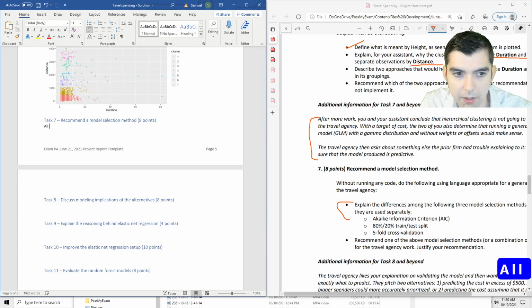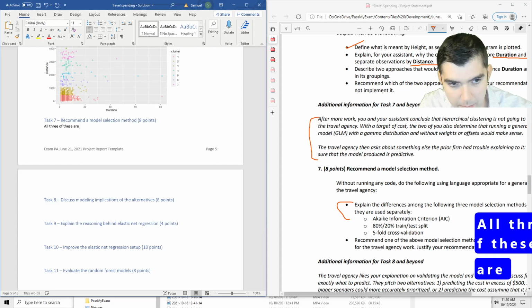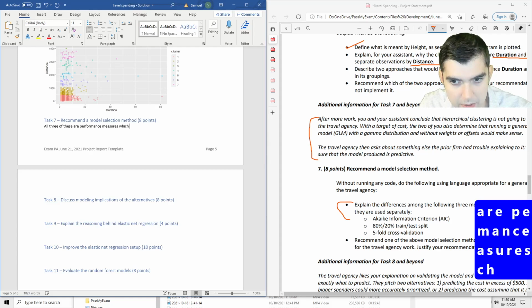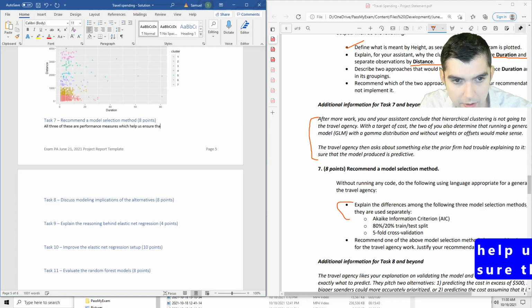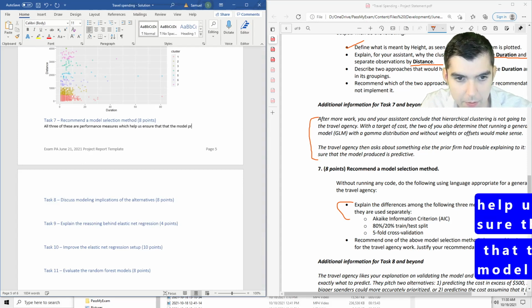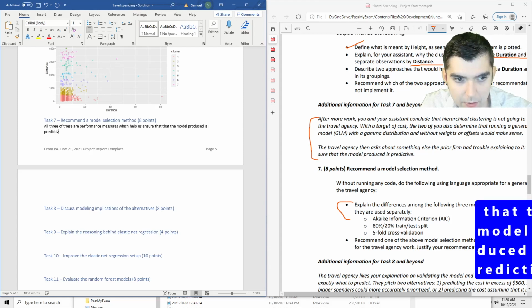So all 3 of these measures are performance measures which help us ensure that the model produced is predictive.